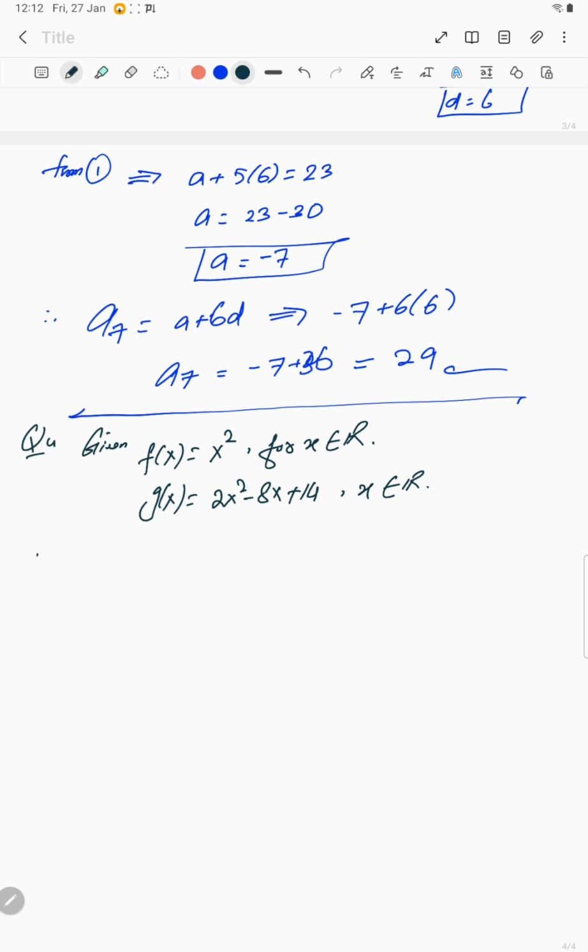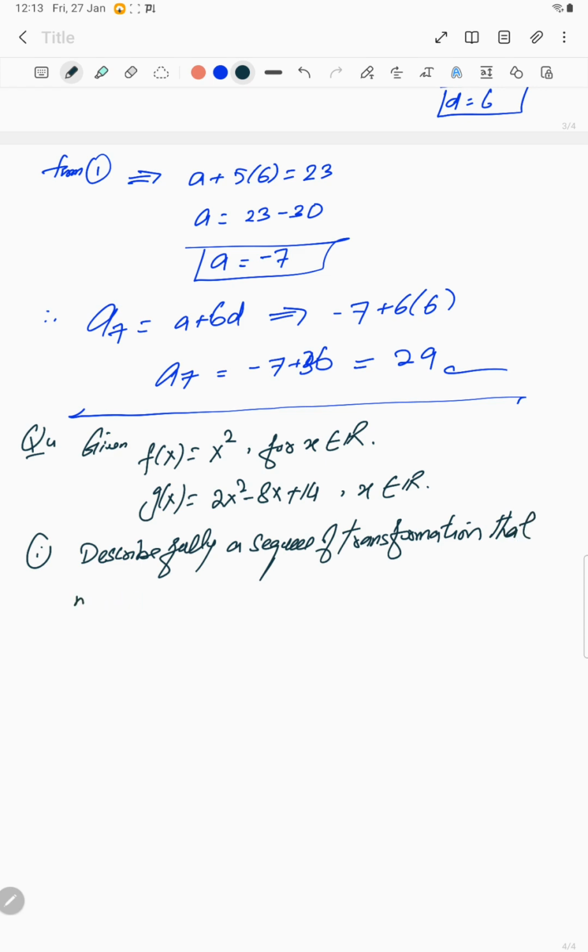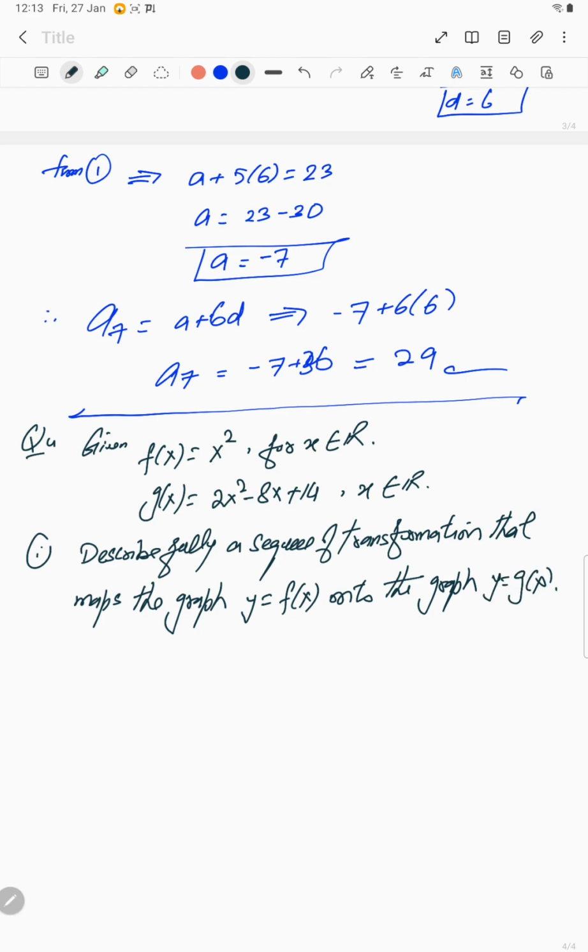The first part: describe fully a sequence of transformations that maps the graph y equal to f of x onto the graph y equal to g of x, making clear the order in which the transformations are applied.